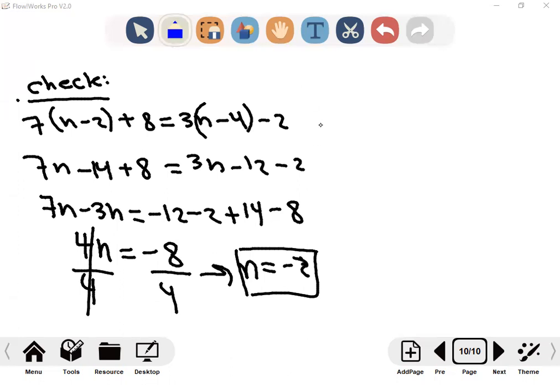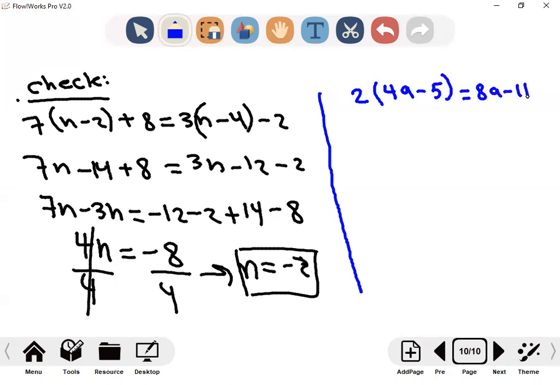Done the check. Let's do example 4, but for Mr. Abdullah. For example, 2 with 4a minus 5 equal 8a minus 11. We have a parenthesis here. This is an extra example.